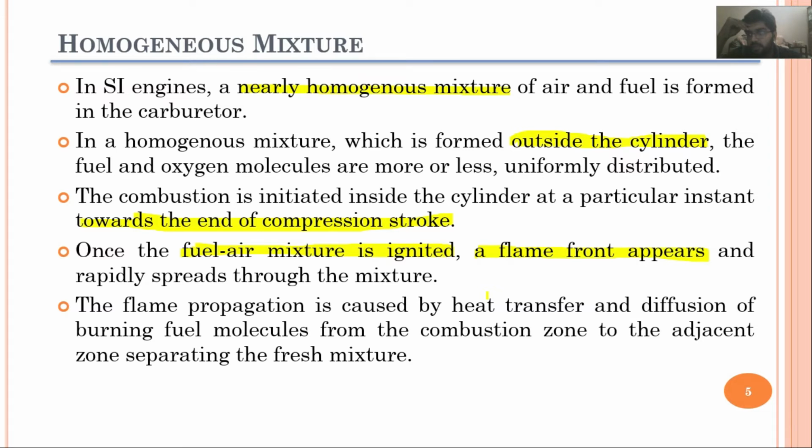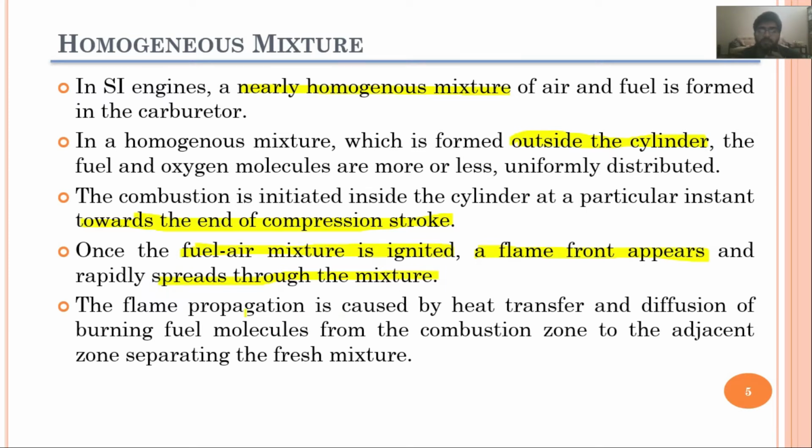In this quiescent zone the flame will appear, and this flame will rapidly propagate throughout the combustion chamber. This is what is happening when we are talking about the combustion in SI engine.